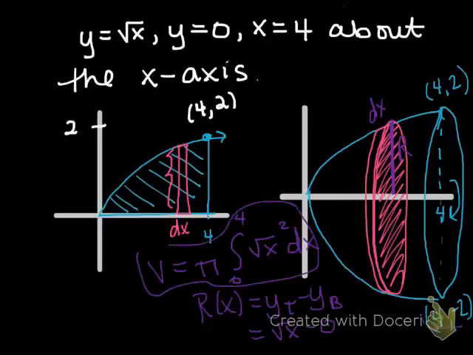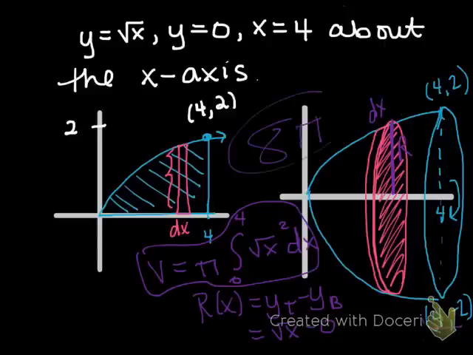So here would be the volume problem. I'm not going to integrate this. You guys are capable of integrating and plugging in for your answer. Our final answer on this would be 8 pi, and that would be units cubed for volume.